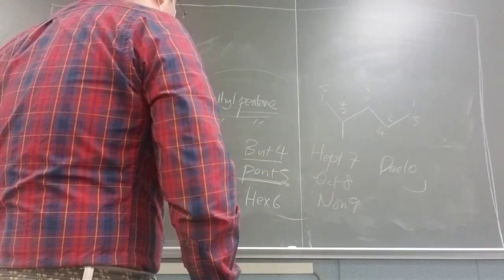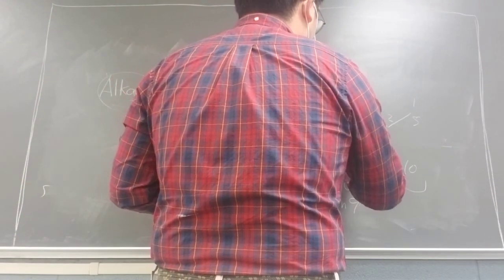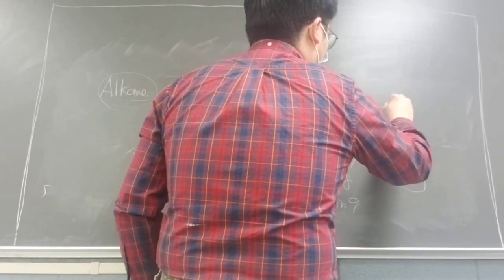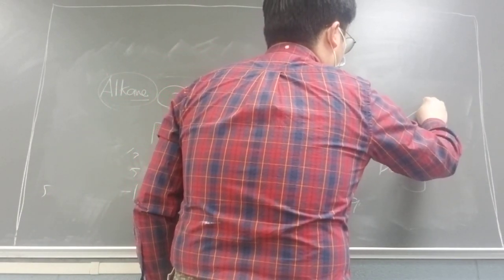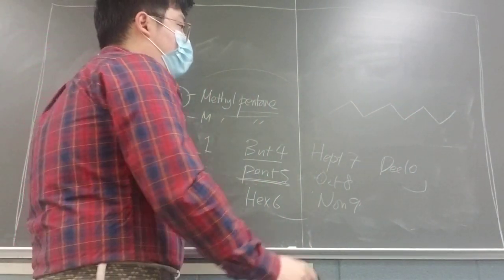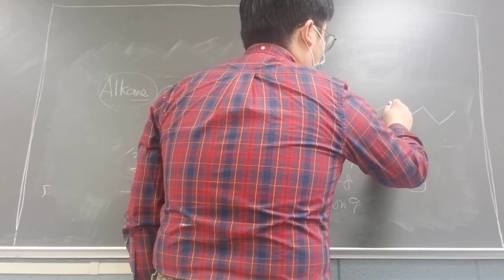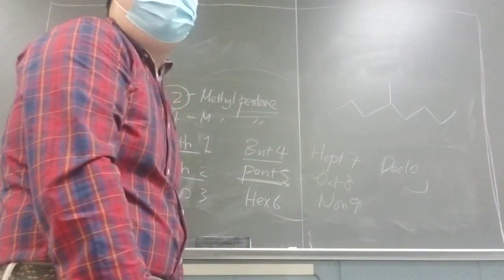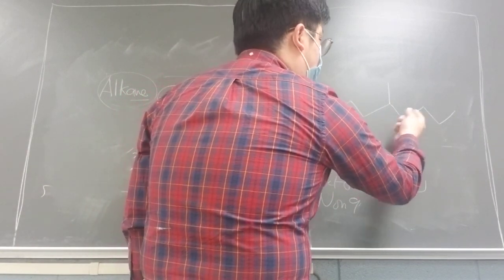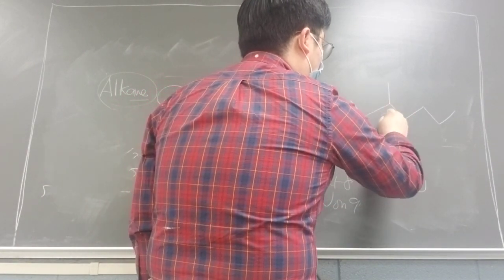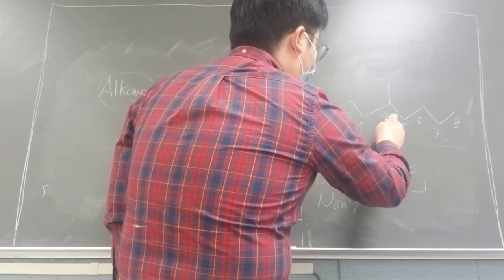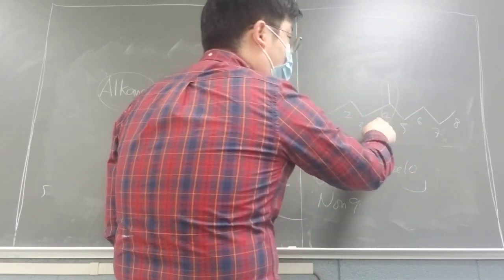So for example, if it was maybe another compound, okay, this is octane, right? There are 8 carbons. If I put it maybe here, and I count the carbon from 1, 2, 3, 4, 5, 6, 7, 8, then you have a methyl group on 4.